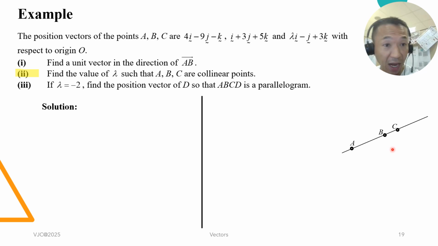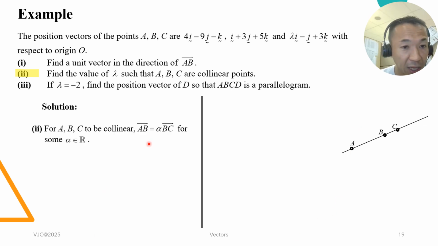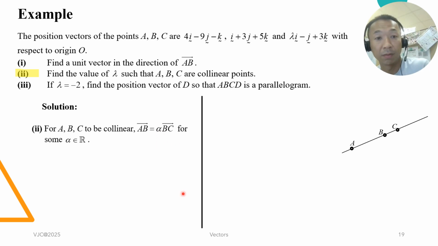You are given that ABC are collinear, so it is quite easy to say that AB and BC are surely parallel. You can see this from this diagram. So AB and BC must be scalar multiples of each other for some alpha, where alpha is unknown.